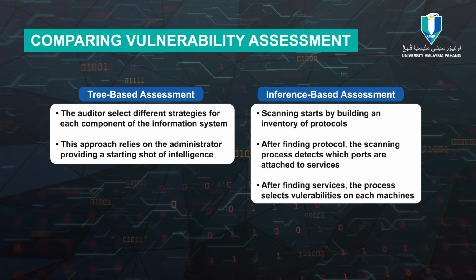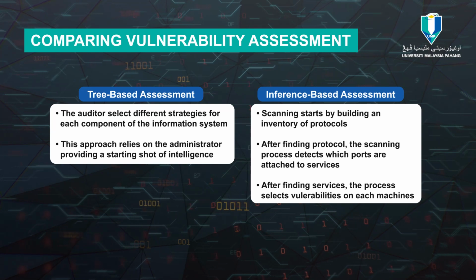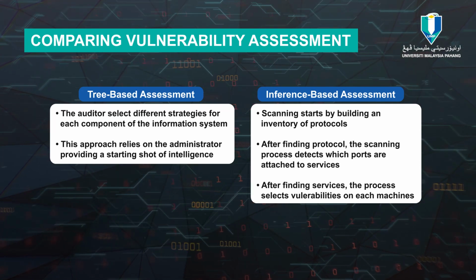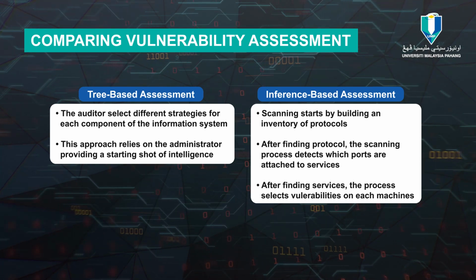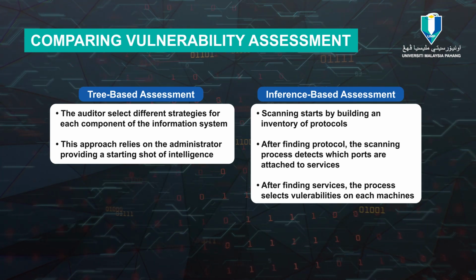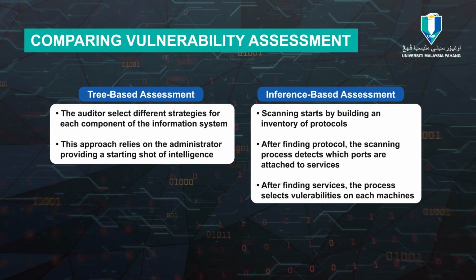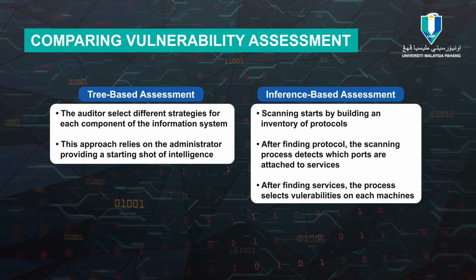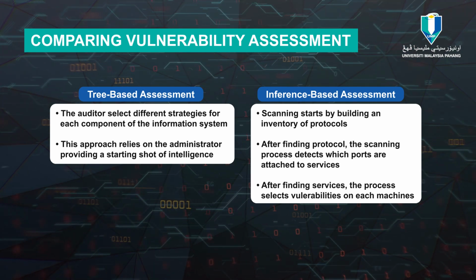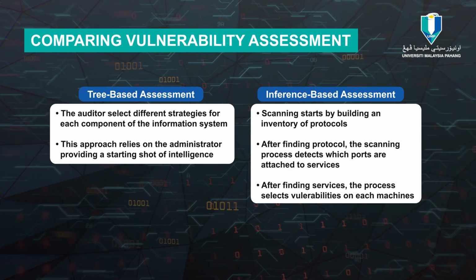Inference-based assessment: scanning starts by building an inventory of protocols found on the machine. After finding protocols, the scanning process detects which ports are attached to services, such as an email server, web server, or database server. After finding services, the process selects vulnerabilities for that machine and starts to execute only the relevant tests.